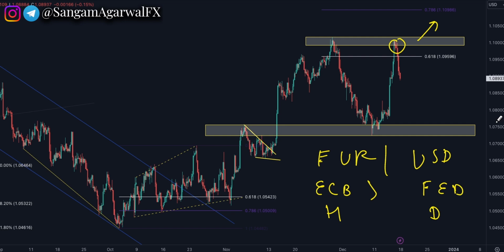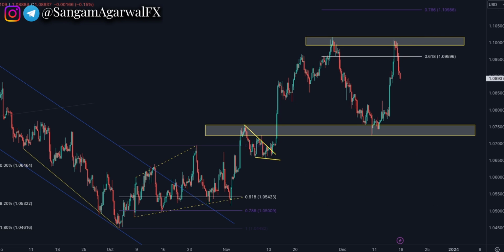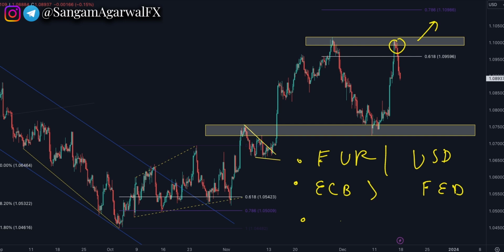And an interesting thing which everyone is ignoring and nobody is talking about: since we are trading the most popular currency pair, we are speculating on two big central banks. The question is who will cut interest rates first, the Fed or the ECB? I think both have made clear in one week that the Fed will cut first, then the ECB.